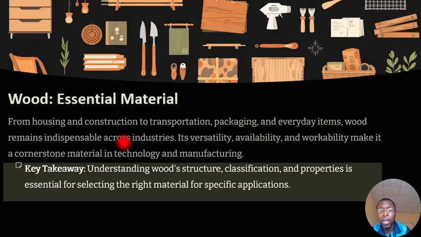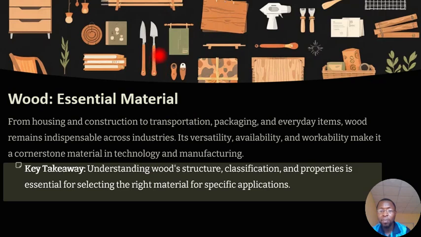Right now, as I'm seated, I'm sitting down on a wooden chair. So its versatility, availability, and workability make it a cornerstone material in technology and manufacturing. So you cannot say that wood is useless. No, wood is never useless. Always important.